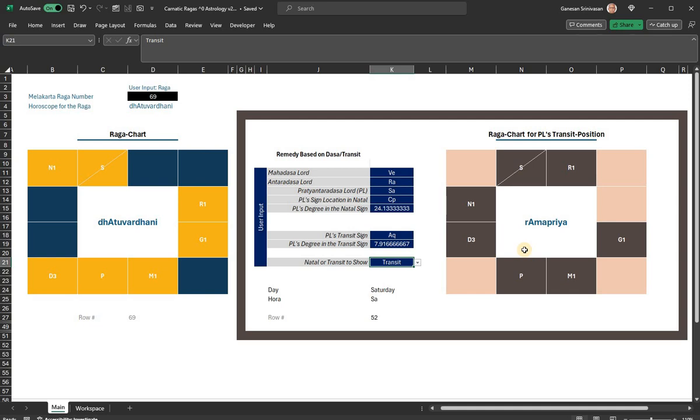So in essence, you can directly prescribe a particular raga for a person if you just know the Dasa Bhukti and where it is located, the Pratyantara Dasa Lord mainly, where he is located. So this you would use if you know which bhava is affected for the person, irrespective of his dasa.